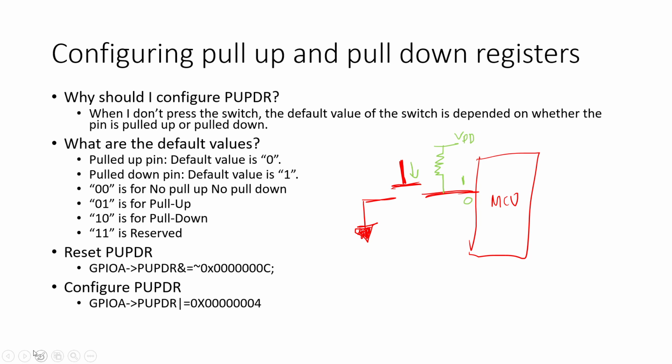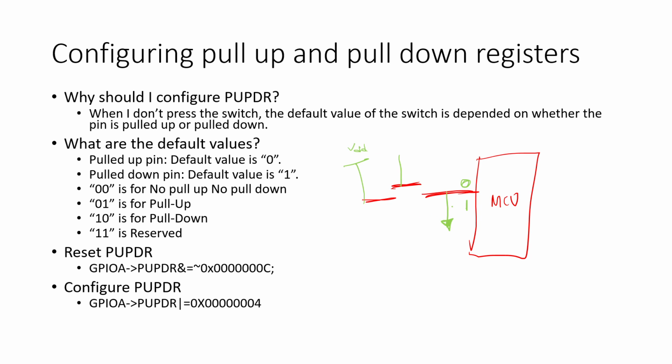This is known as pulling up. So what does pulling down mean? It is just the opposite of this. In the opposite case, you will connect the switch to VDD and here you will pull it down to ground. So now when you press this switch, it will read 1. If you are not pressing the switch, it will by default read 0.